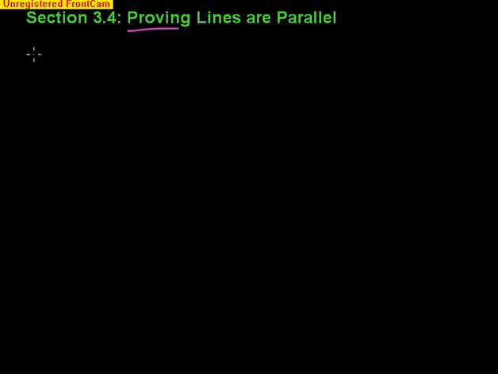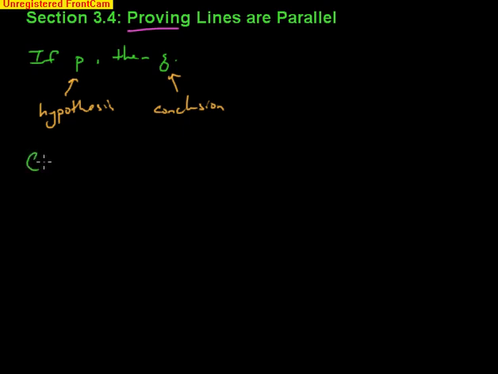going to be converses. So if I give you a conditional statement, if P, then Q. Remember that we identified P and Q as the hypothesis and the conclusion. So then the converse is when they switch.